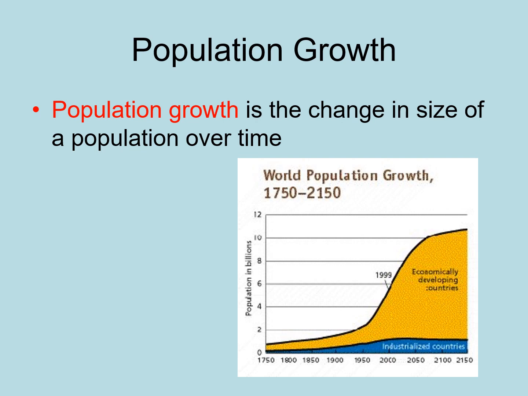So for example, you can see here in this graph, we're looking at humans, and we've got years down at the bottom, and then we have the population in the billions. Now in the 1750s, it looks like there was a little less than 1 billion people in the world. Now how they figured that out, I don't know. But notice by the time we get to 2150, it's estimated that we're going to have a population of over 10 billion people.